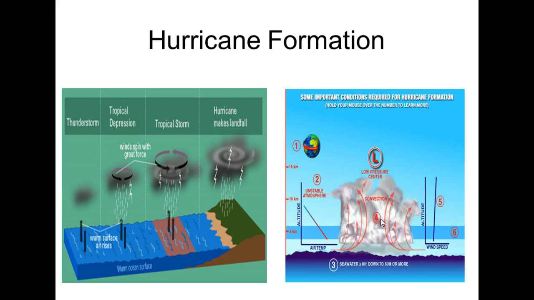Step two is that inside the storm are bands of very high winds and heavy rains, because after all, this system starts like a thunderstorm. Then in step three, winds spiral inward toward the area of low pressure at the center, called the eye, and begin to build speed because of the enormous size of the cumulonimbus clouds.